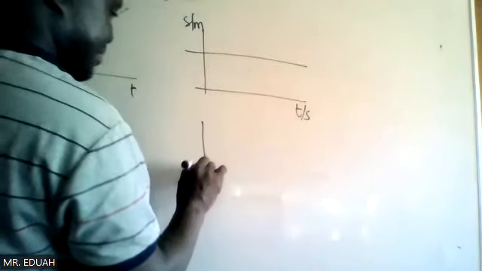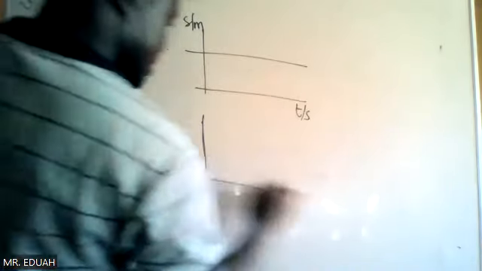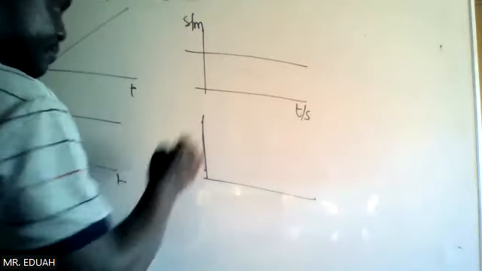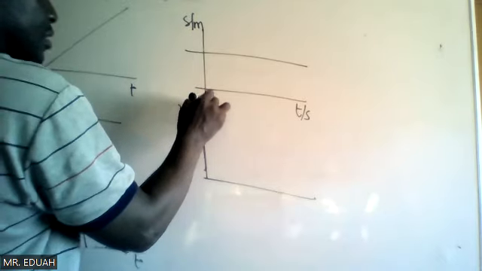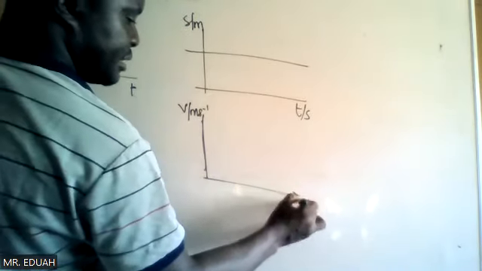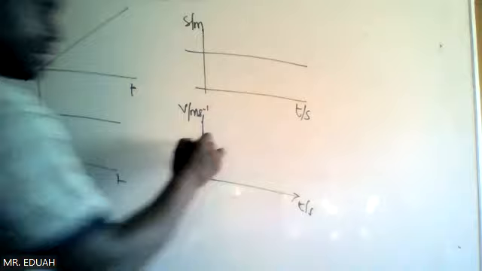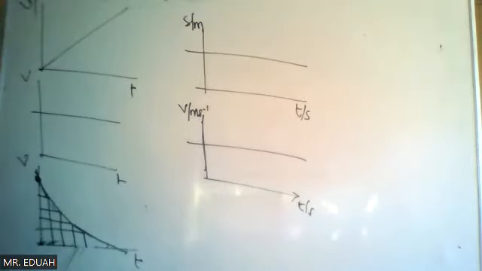I have another graph. This is a velocity time graph. The graph is also like this. Are they the same? Or what is the difference between these two graphs? Ladies, this is for you.